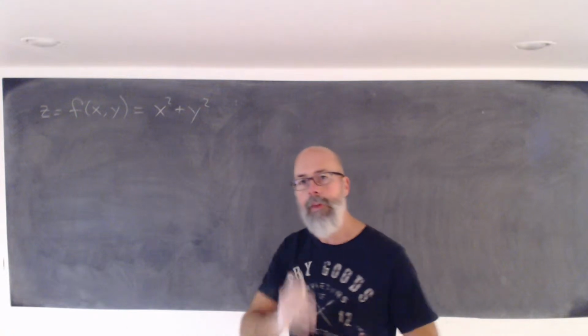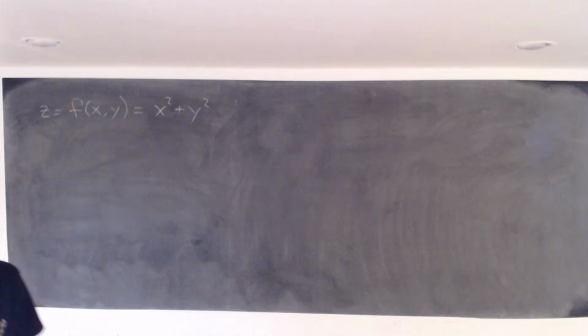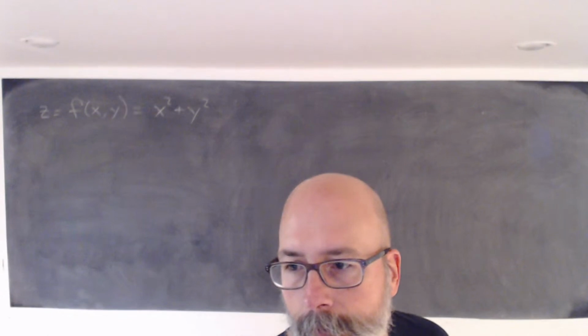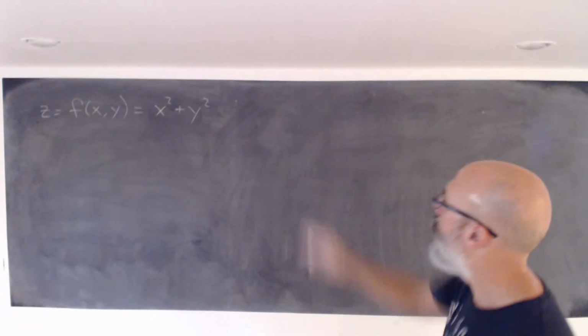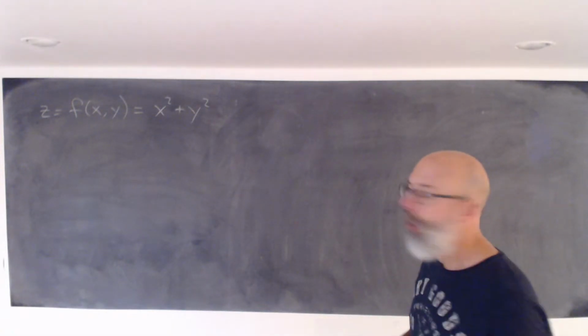We're going to make use of this knowledge. It's just an example here: z equals x squared plus y squared. We're going to make use of our 2D knowledge to help us graph in 3D.